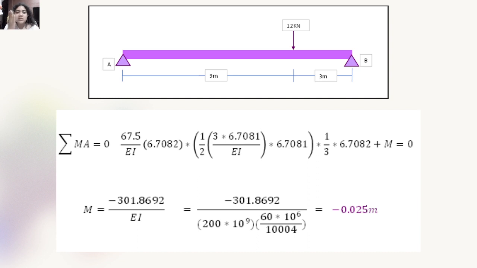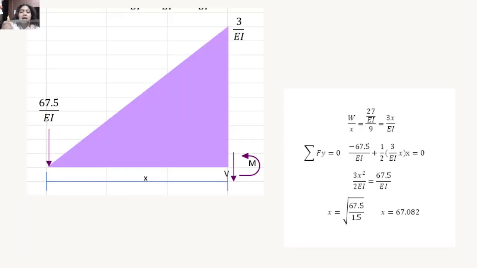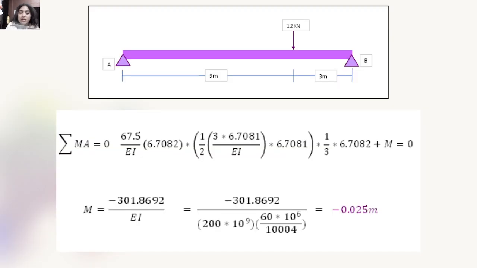Why? Because it's a moment. It's the point of my moment, and I have a point in this section. I make my applied force negative, and I do that. That's it. And it's positive.